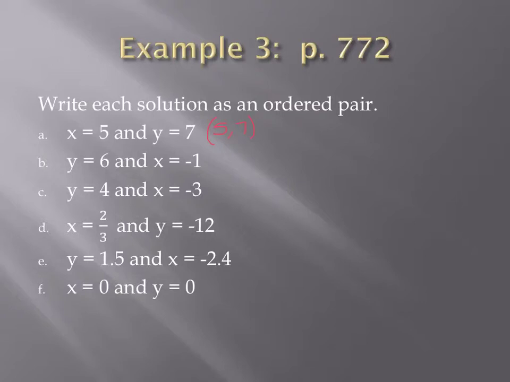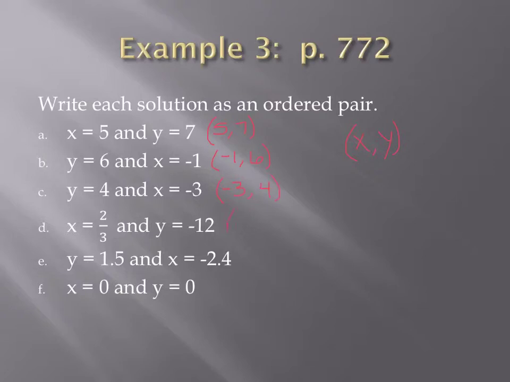B, if y equals 6 and x equals -1, my ordered pair would be -1, 6. So notice the order. The order is always the x value first and then the y. It's in alphabetical order. Okay, so C, y is 4 and x is -3, so that ordered pair would be written as -3, 4.